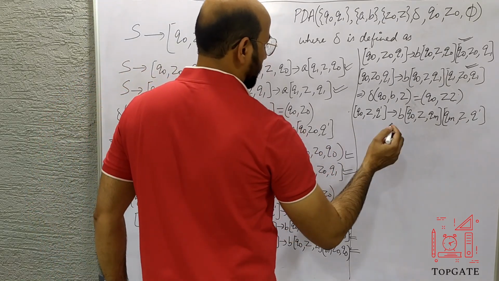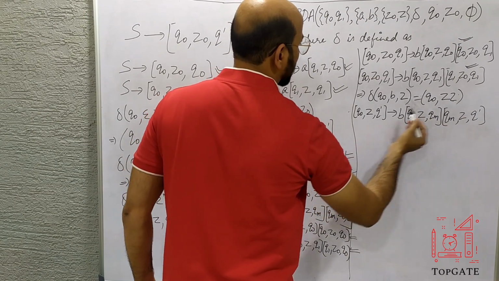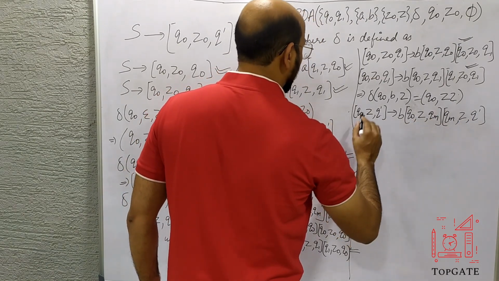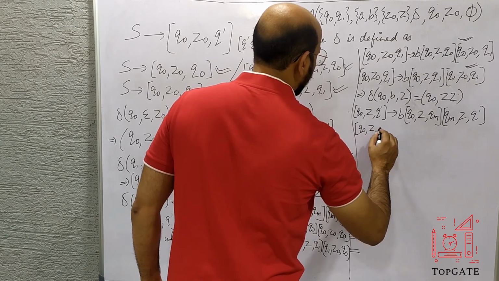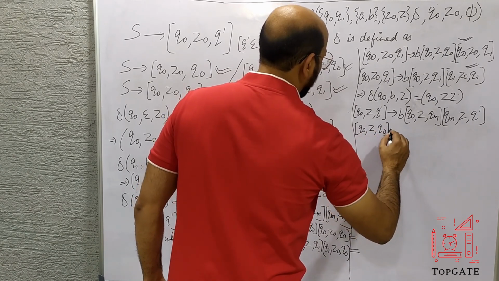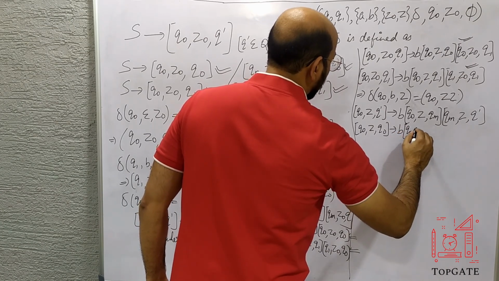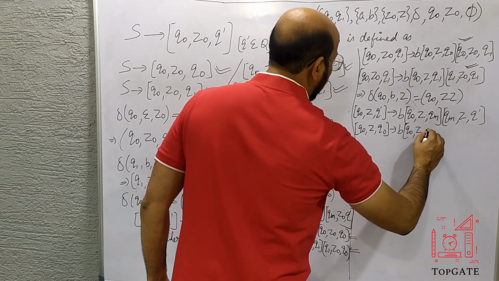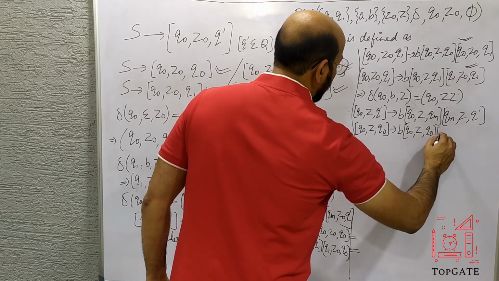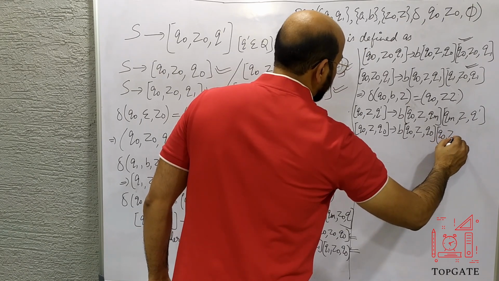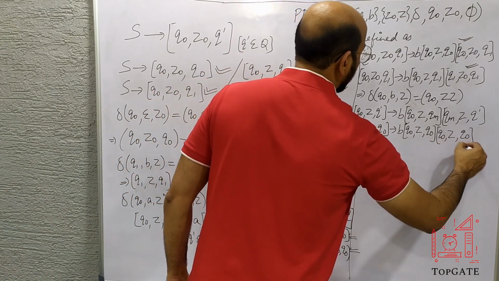So for this one again I'll take 4 rules. Once I'll keep it as Q0, Q0, once I'll take it as Q1, Q1. So let's take it as Q0 this time. For Q0 it is (Q0, Z, Q0) gives B (Q0, Z, Q0), and this will also be (Q0, Z, ...) this one should be the same, that is it should be Q0.